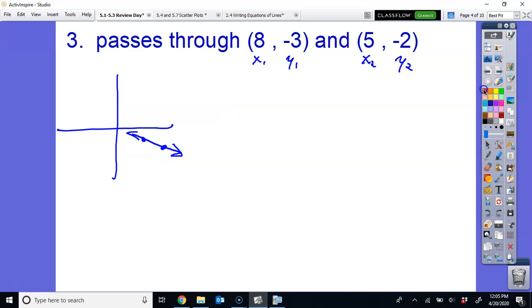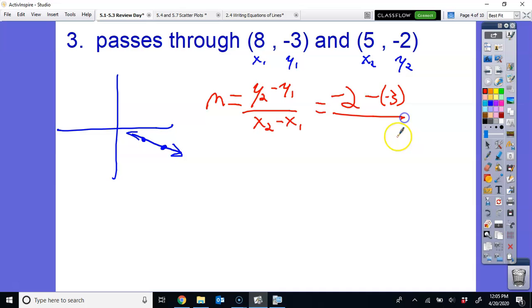So back well before the break, and multiple times right before the break, we talked about this old slope formula, y2 minus y1 over x2 minus x1. So we do -2 minus -3 over 5 minus 8.